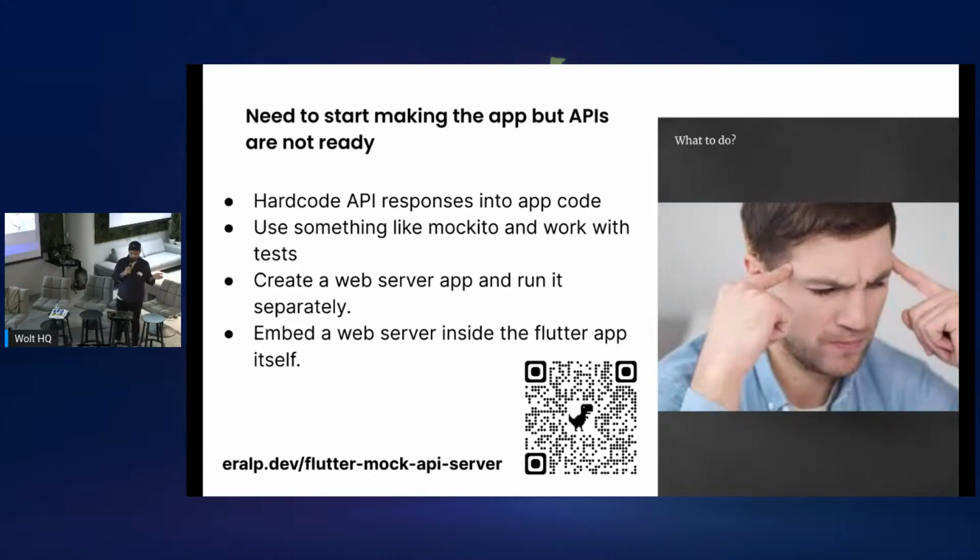Or I could create a web server and run it separately, or I had this other idea where I can just put the web server into the Flutter app, since I figured that Flutter has this HTTP API.